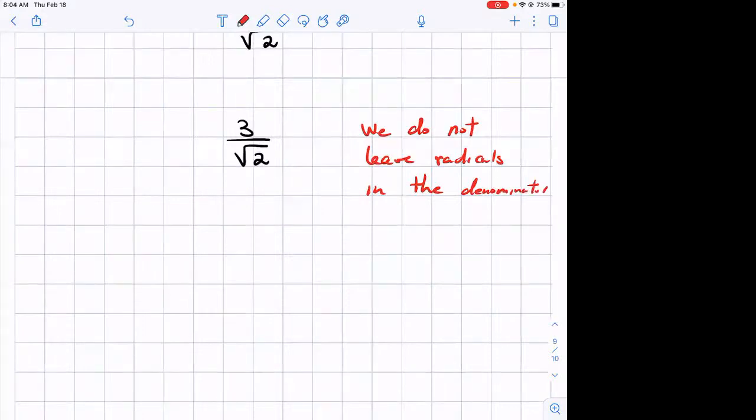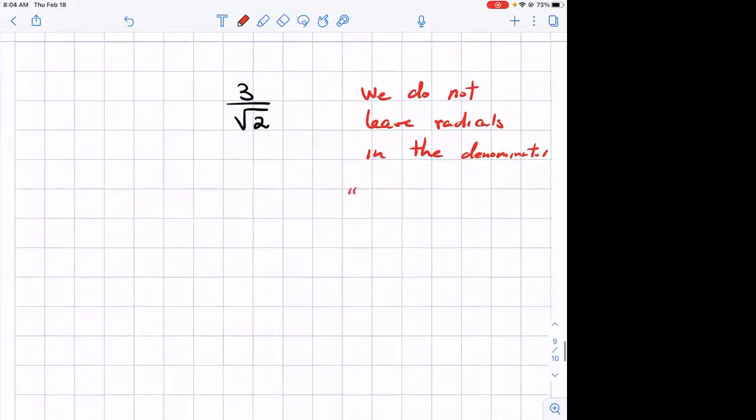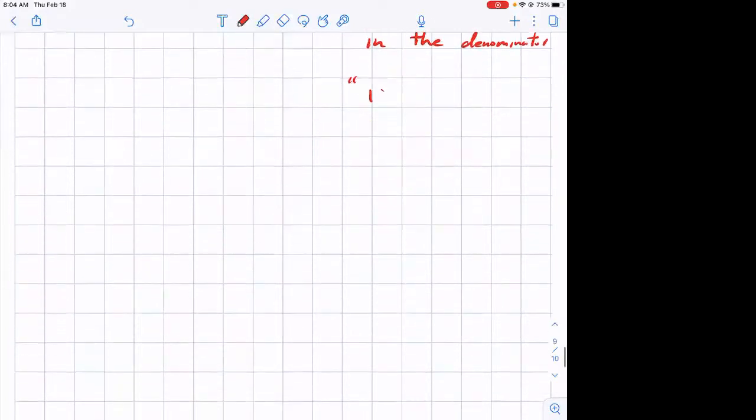So what we do, we say we must rationalize the denominator.